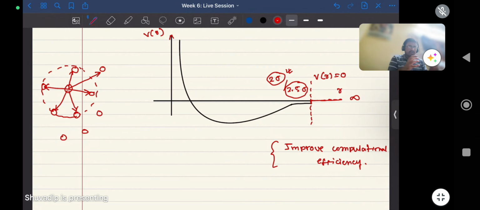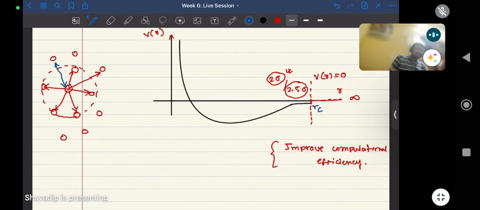If some molecule is outside, something is here or here, we will not calculate any interaction ideally. So we will consider that these two are not at all interacting if it is outside this radius, the cutoff radius. So this radius is RC. RC is the cutoff radius.